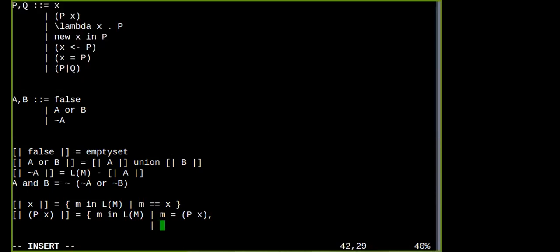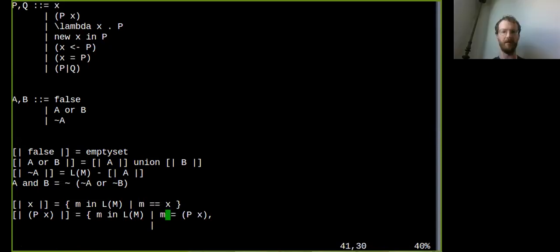So do we want to say decompose into M1, M2, where M1? Right. So this should be M1, M2 here, and then M1 in meaning of P.